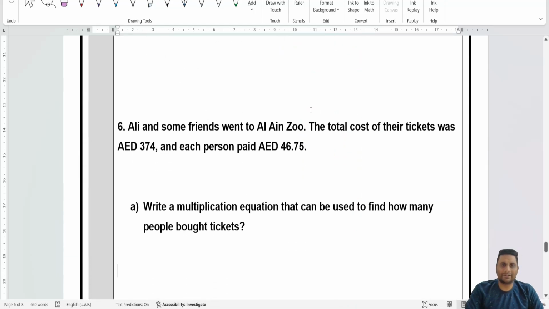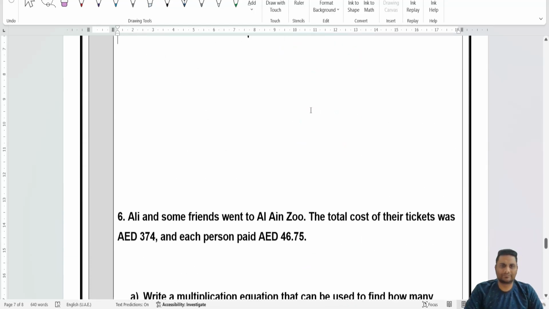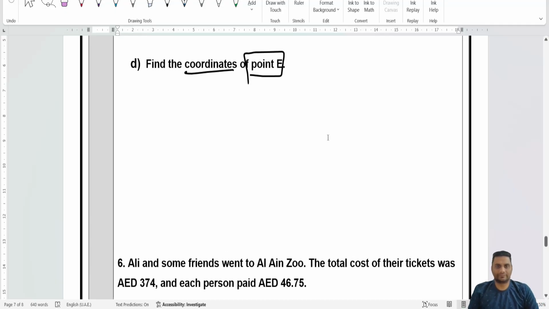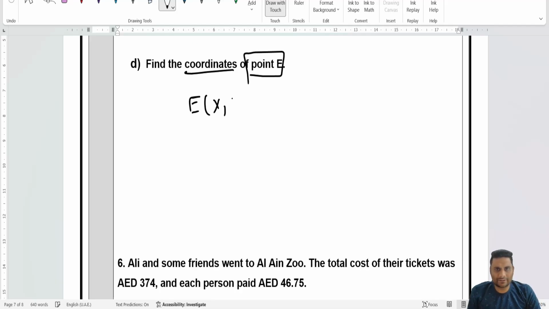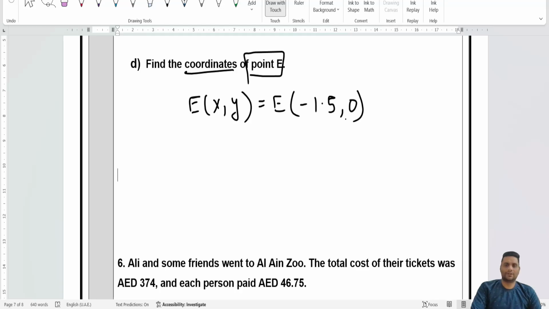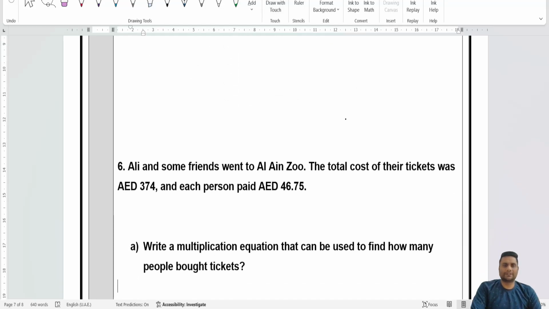So you can simply write here the point E, (x, y), is (-1.5, 0). Okay, now here I think this is a bonus question.